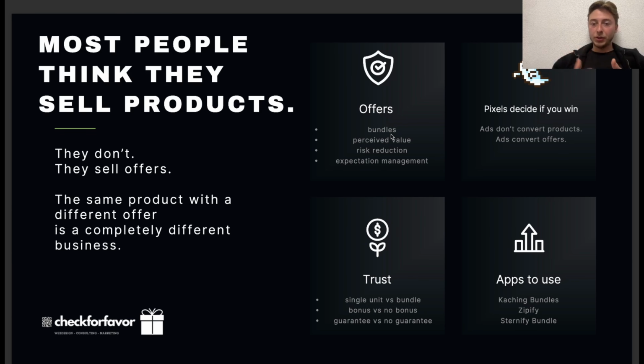You know exactly what you get, and you can test different offers and still get different results, right? So you can have the same landing page, maybe a different offer, maybe different product pictures, and get a different outcome, right? So then also one truth is, pixels decide if you win. Ads don't convert products, ads convert offers, right?